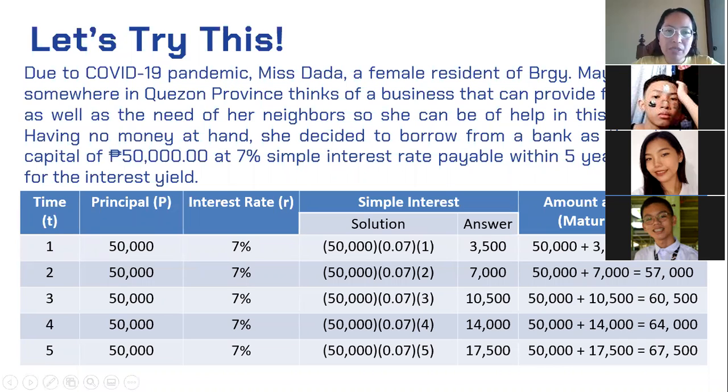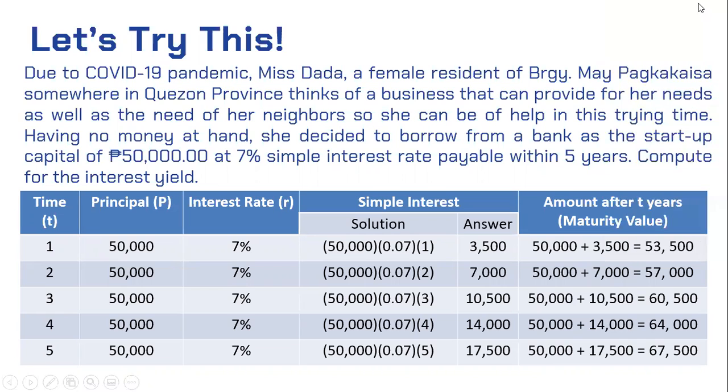So due to COVID-19 pandemic, Ms. Dada, a female resident of Barangay May Pagkakaisa, somewhere in Quezon Province, thinks of a business that can provide for her needs as well as the need of her neighbors, so she can be of help in this trying time. Having no money at hand, she decided to borrow from a bank as the startup capital of 50,000 pesos at 7% simple interest rate, payable within 5 years. Compute for the interest yield.